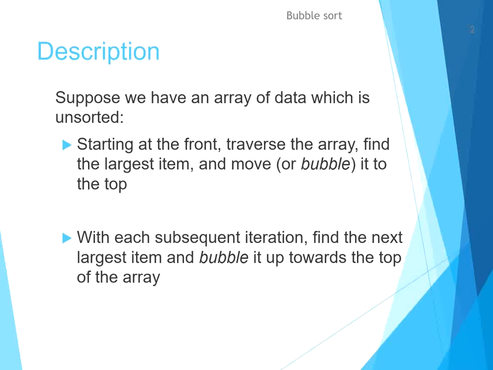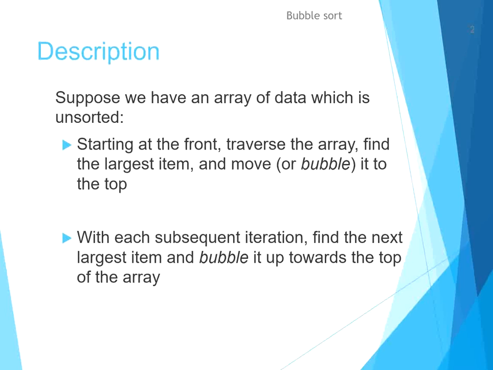In bubble sort, suppose you have an array of data. It can be any kind of data which you want to sort. In this sorting algorithm, we start at the front, traverse the array, find the largest item and move or bubble it to the top.